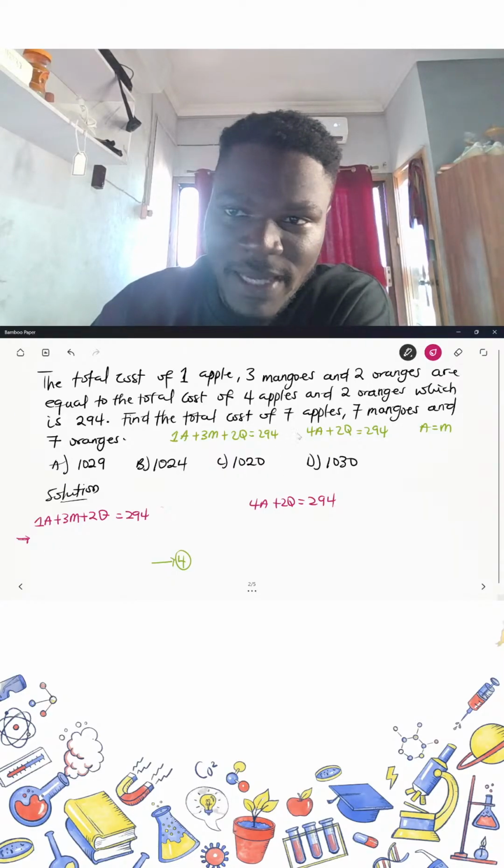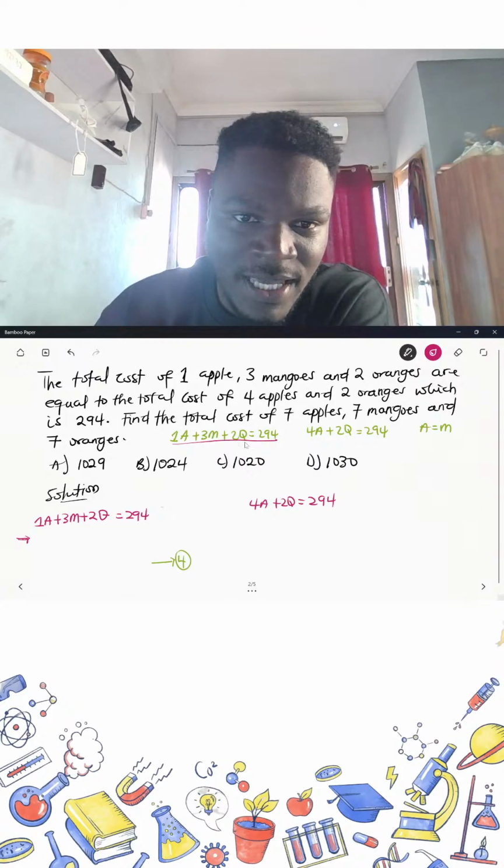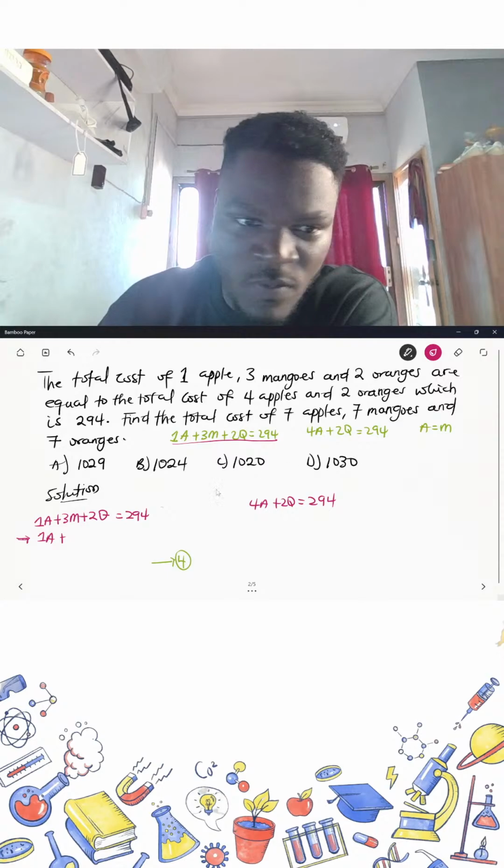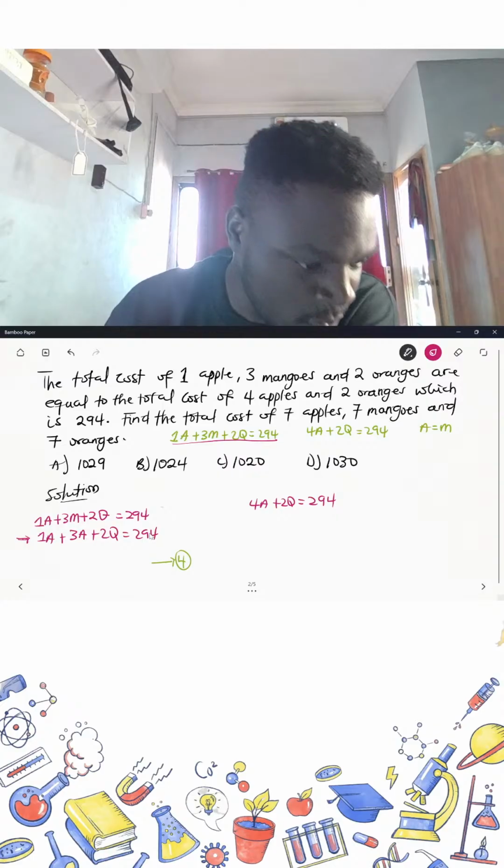I'm taking this equation, 1A plus 3M plus 2Q is equal to 294, and we know A is equal to M. So therefore, I have here 1A plus, in place of the M, I'll put A because it's the same thing, and then plus 2Q is equal to 294.